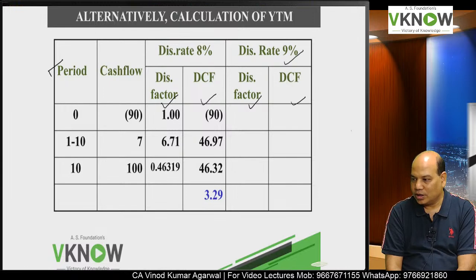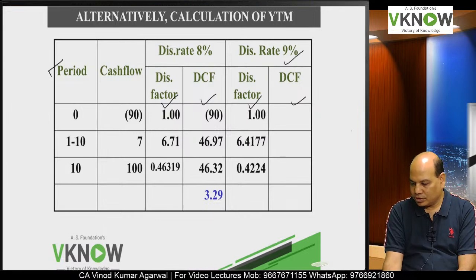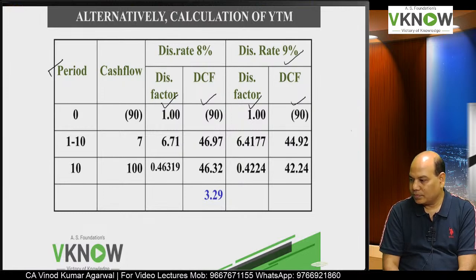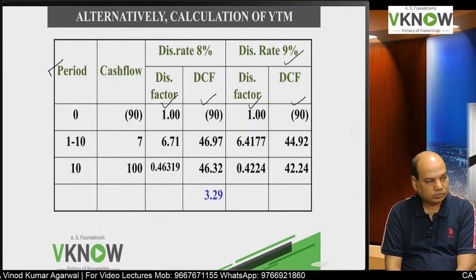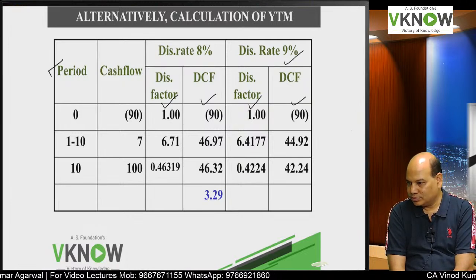So now you try at 9%. 3.29 is right, Divya is right. Then try 9%. What is the total of the last column?